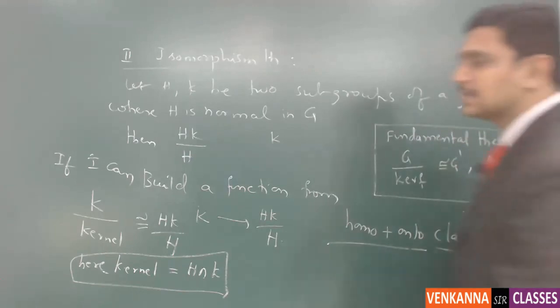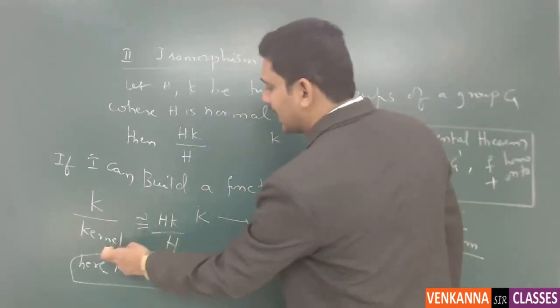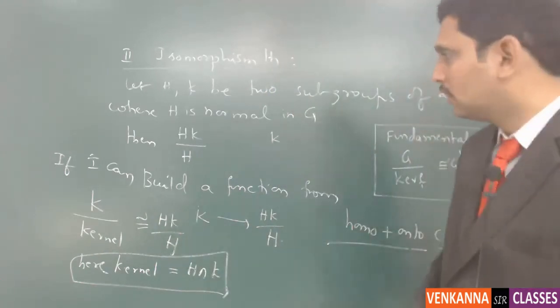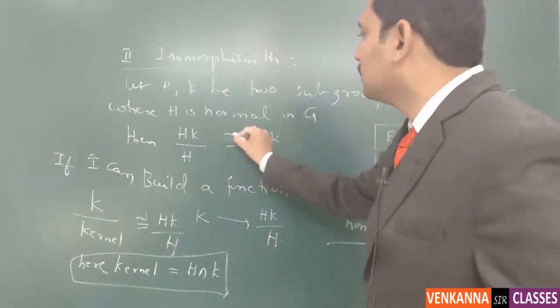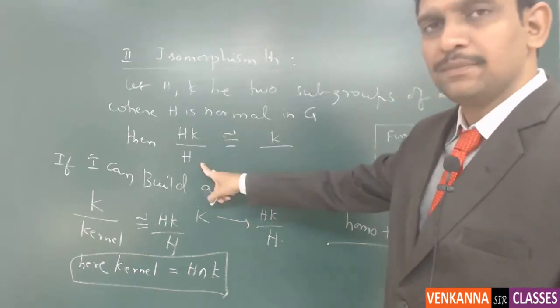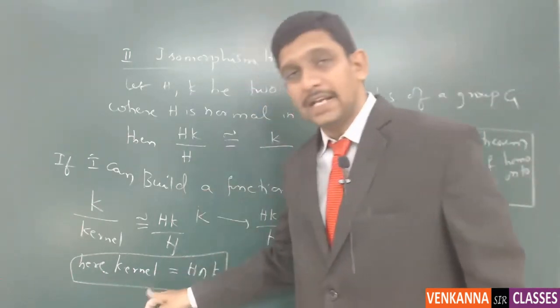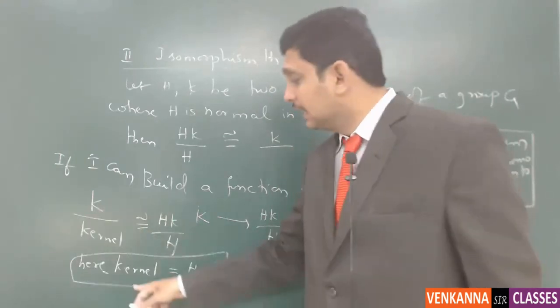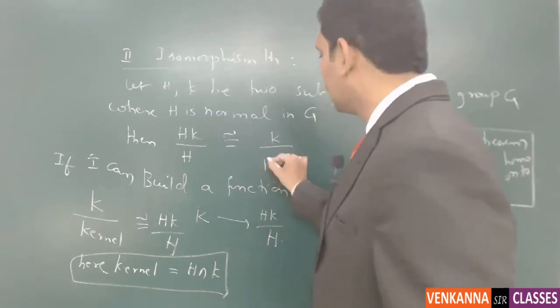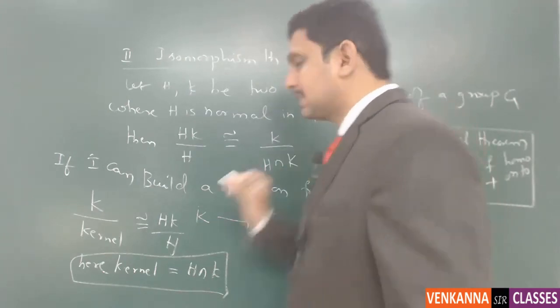So from this, domain by kernel is isomorphic to codomain. And what will be the kernel? I am going to prove that the kernel is nothing but H intersection K. In that way, the claim completes.